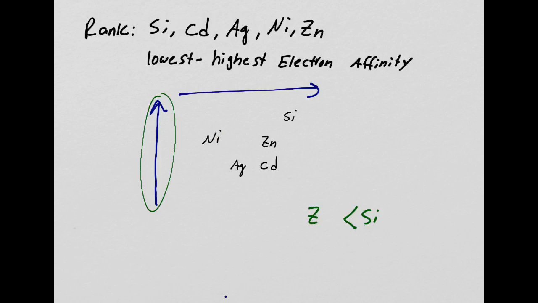So I'm going to have Zn, then Ni, then I'll come to the next row. These are the lowest based on this. They're on the same row, and based on the trend, cadmium would be higher than silver. If you look at this, when you're over here, you're the largest one, and when you're down here, you're the smallest one. And this would be the ranking for those.